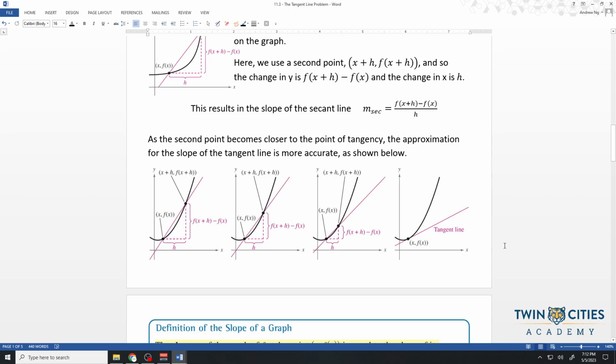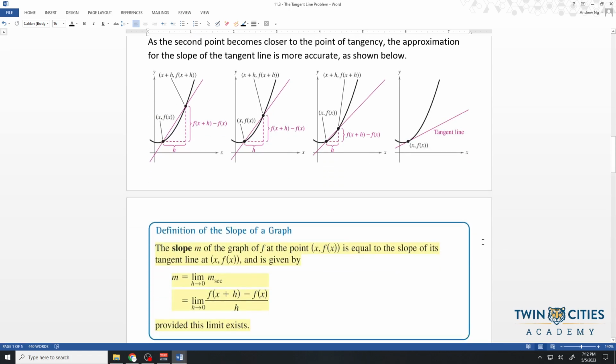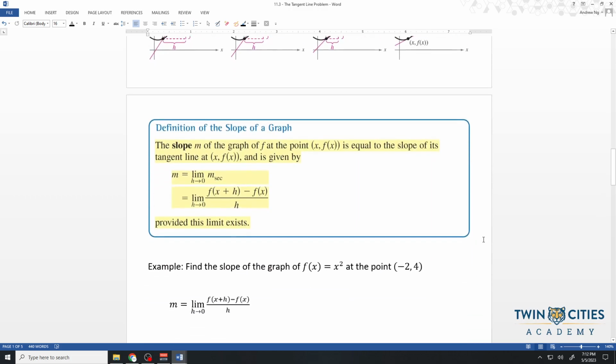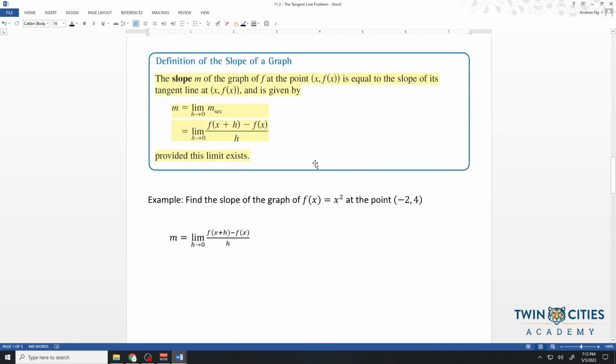So what does that mean in terms of definition of a slope then, specifically using limits? Well, what that's saying is the slope m of the graph of f at the point x, f of x is equal to the slope of its tangent line at x, f of x, and is given by the following. m, the slope, is equal to the limit as h approaches 0 of f of x plus h minus f of x, over h.